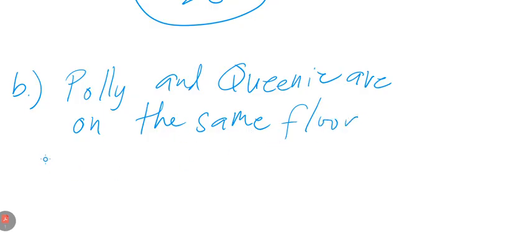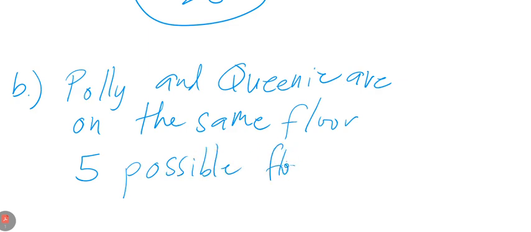When we say the same floor, that means we have 5 possible floors.